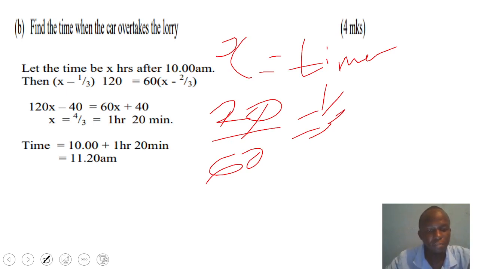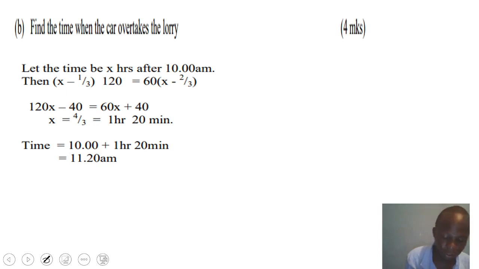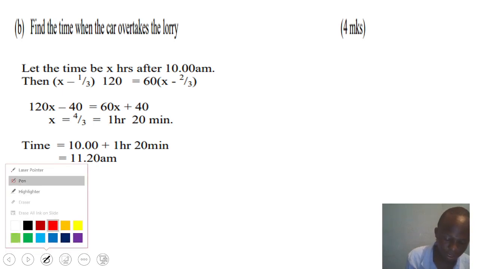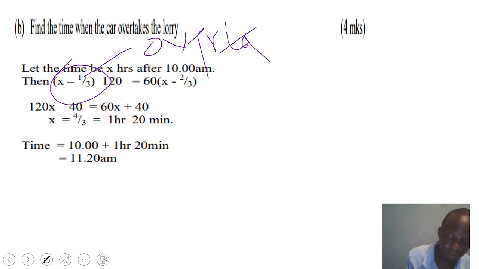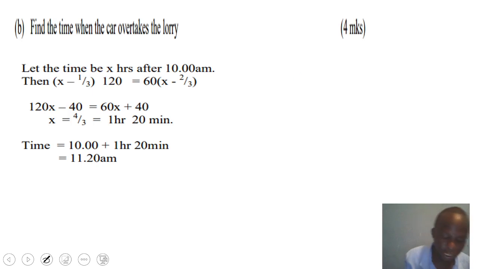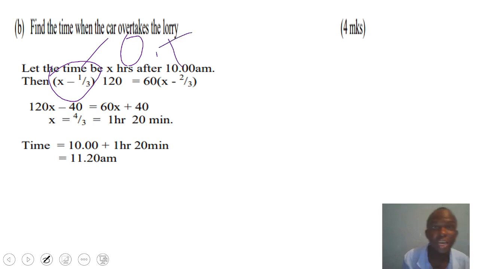Now what is x minus 1 over 3? x minus 1 over 3 is the overtaking time of the car. Let me use OT for overtaking time.